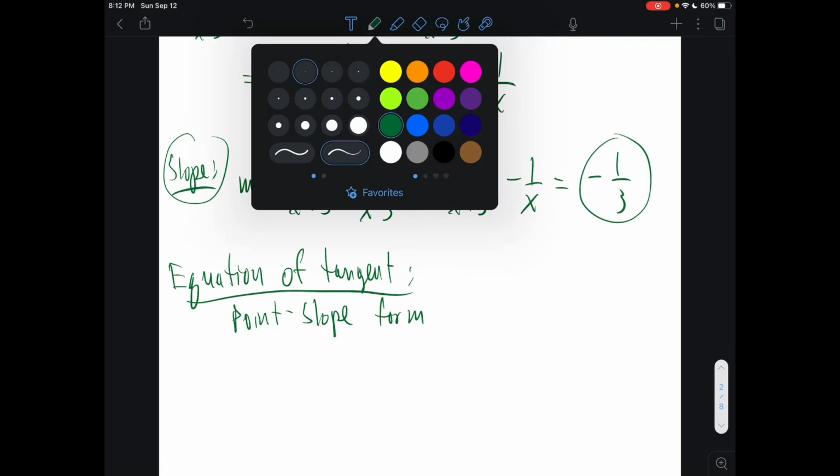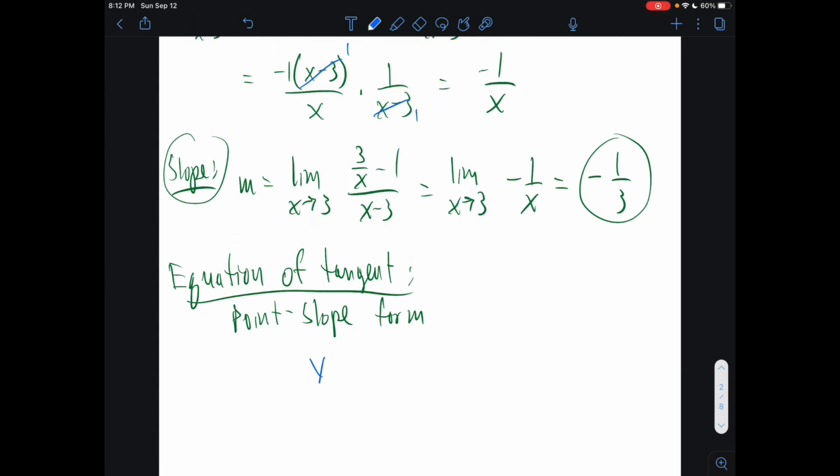So this would be the general form, y minus y1 equal m times x minus x1, but then plug in my point and my slope. So my point will be 3, 1, so the y value is 1, while the x value is 3, and then the slope is negative 1/3.